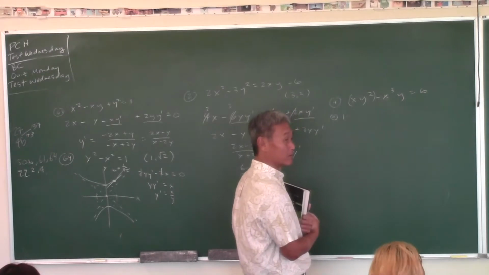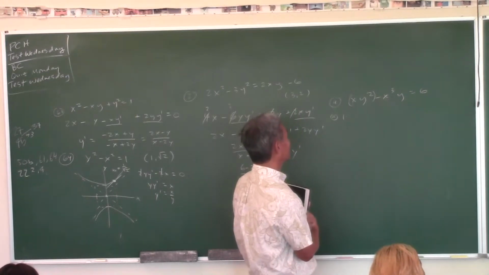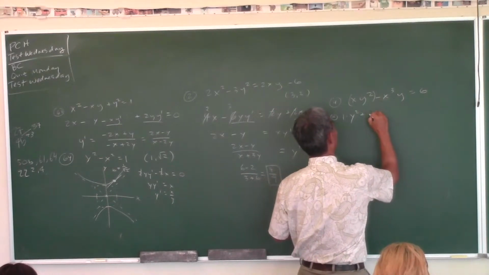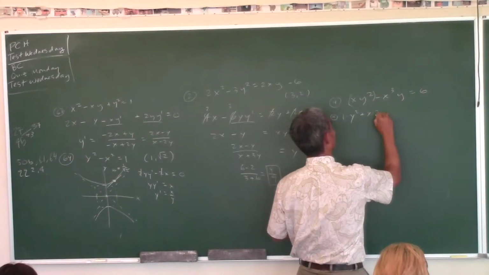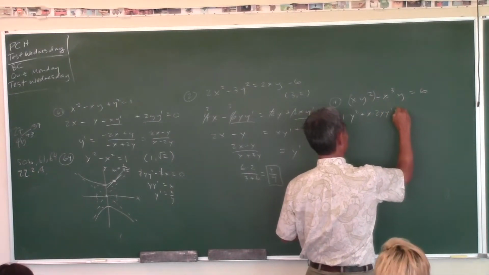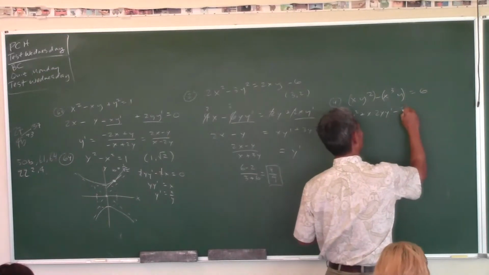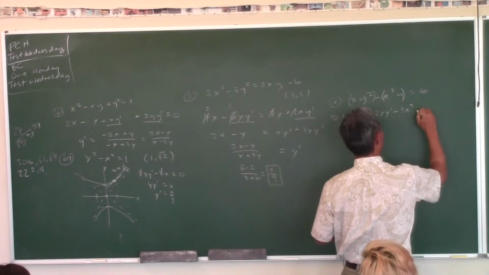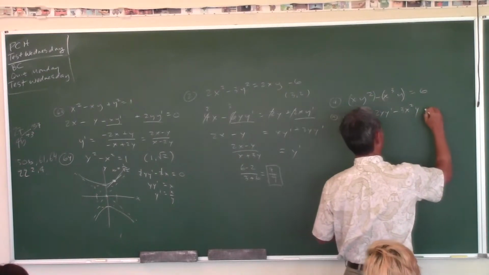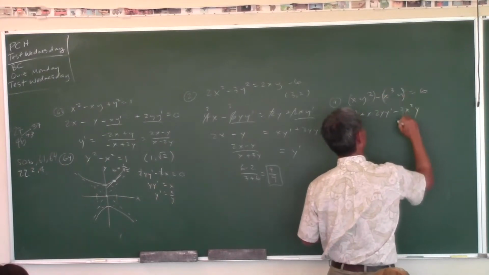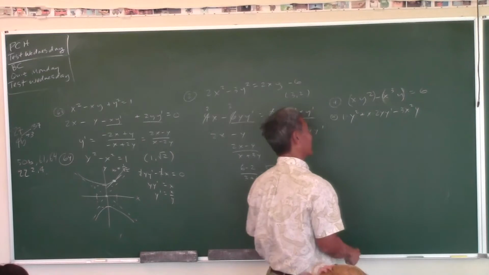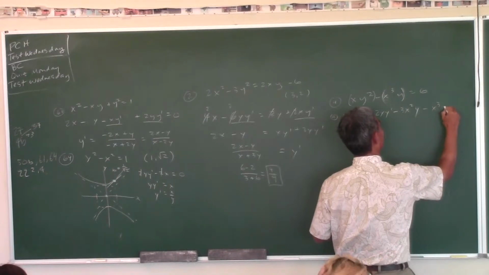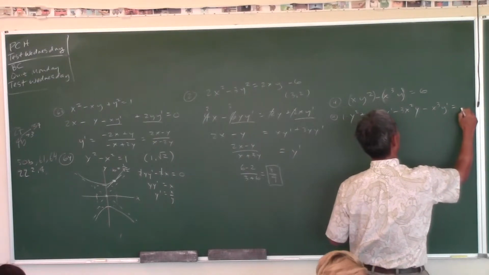You gotta use the product rule now. 1 times y squared plus x times 2y y prime, minus 3x squared y plus, no, it's a quantity now. So that minus sign gotta be distributed. So it's gonna be minus x cubed y prime, equals 0.